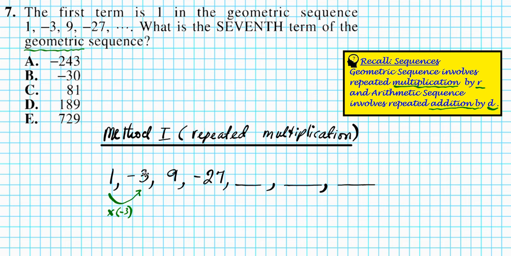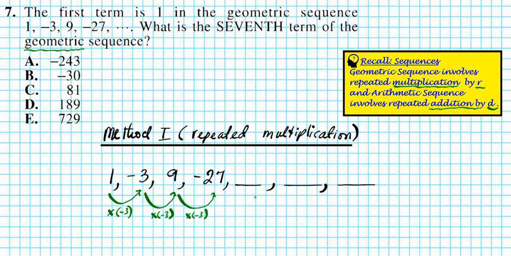So -3 times -3, what should that give you? 9, as you can see is the case here. Keep on going, times -3 again. You get -27. So we can see that our pattern is in fact correct. Sometimes you might think that a particular number is a common ratio, but you have to test it for multiple terms to make sure that your hypothesis is in fact correct.